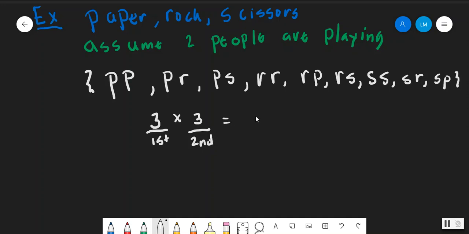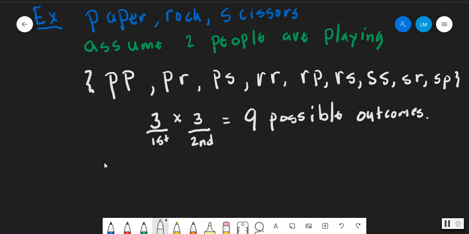So that means that there are a total of 9 possible outcomes. This tells us that if we wanted to know the count of the sample space, this is one way that we could do this.